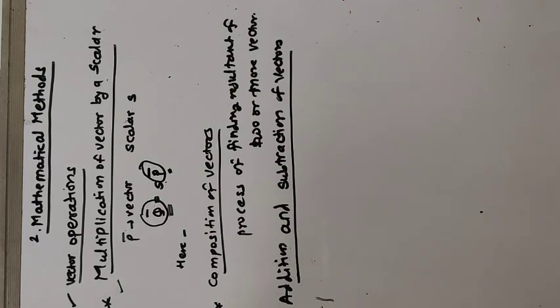When we think about addition or subtraction of two vectors, not only two vectors but two or more vectors, the vectors must be of the same type and describing the same physical quantity.